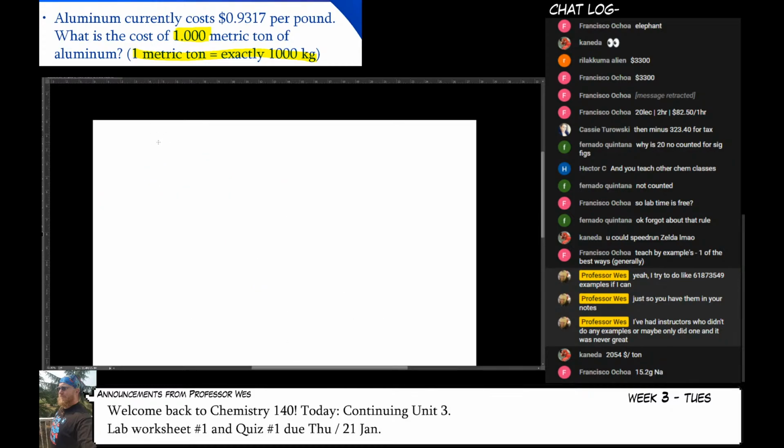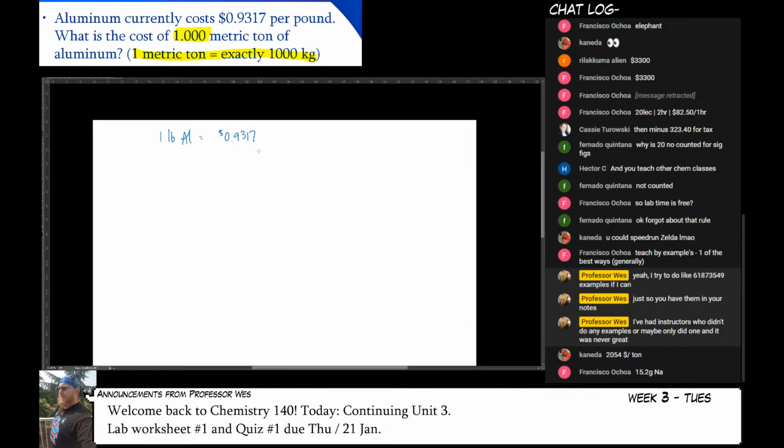All right, so I know that 1 pound of aluminum is $0.9317. Now, the reason that we care about those fractional cents is that if I buy 1,000 pounds of them, that will matter.